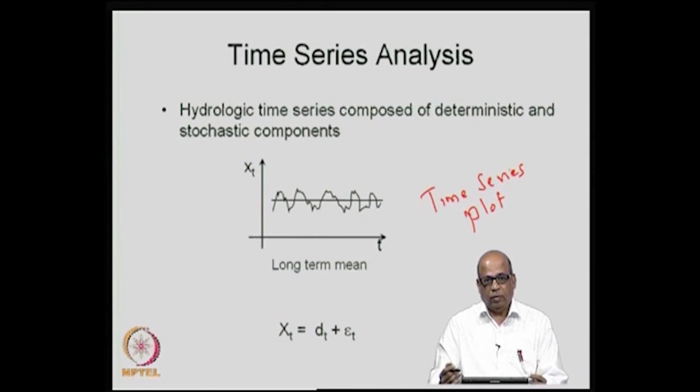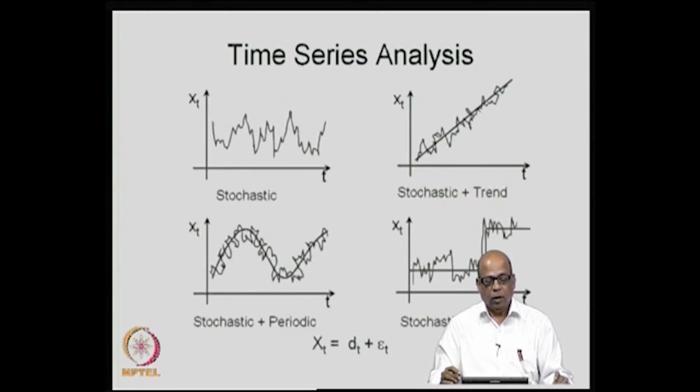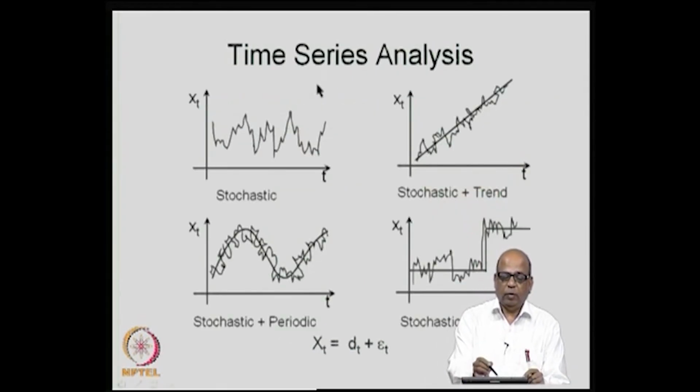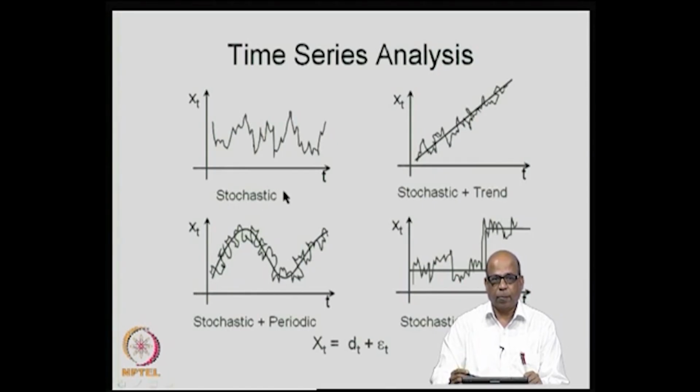One may be a situation where there is no deterministic component at all, the values are all randomly fluctuating. Take for example, these are different components of the time series. If you have only a stochastic component, that means there is no deterministic component at all, there are random variations, they are all purely random. So, this is purely stochastic, there is no deterministic component involved here.